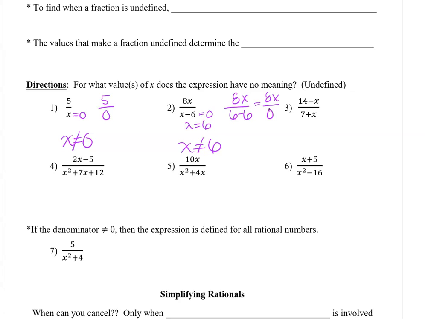So what I'm solving for in the denominator is just for what values of x the entire denominator would go to 0. So for harder examples like 4, I would factor this to solve it, and I would get 2 values out of it. So what that means is I can pick any value of x except for -3 and -4, because if I plugged them back in, the denominator would go to 0.